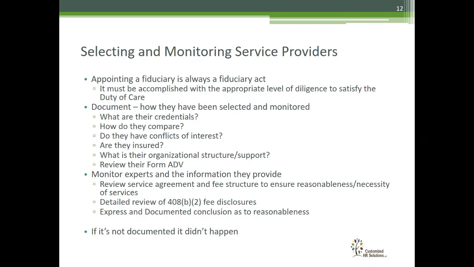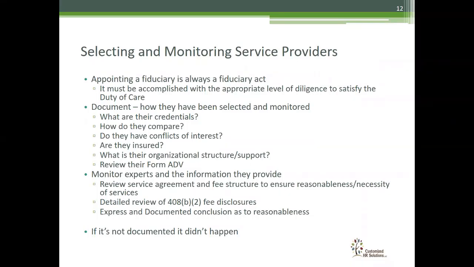The DOL has the 408(b)(2) requirements and the regulations around there, and they've specifically said that the reasonableness includes a diligence element, and if you're not evaluating the fees and coming to an affirmative decision that they're reasonable, then you haven't satisfied your fiduciary responsibilities.